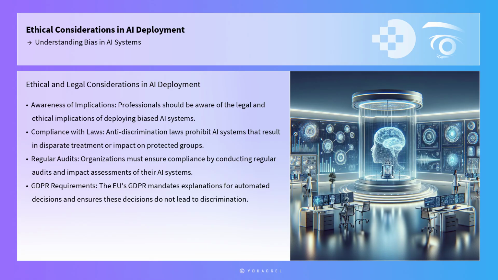The European Union's General Data Protection Regulation, for example, mandates that organizations provide explanations for automated decisions and ensure that these decisions do not lead to discrimination. By aligning AI deployment with legal and ethical standards, professionals can mitigate the risk of bias and its associated consequences.